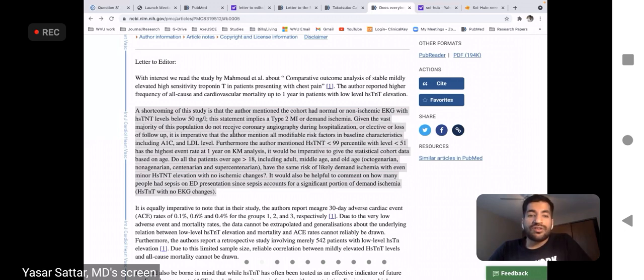Given that the vast majority of their patients did not receive a coronary angiography, and also demand ischemia in cardiology is a very vague term. Any medical condition can cause troponin elevation in your blood to begin with.